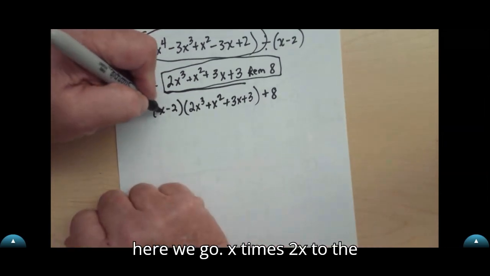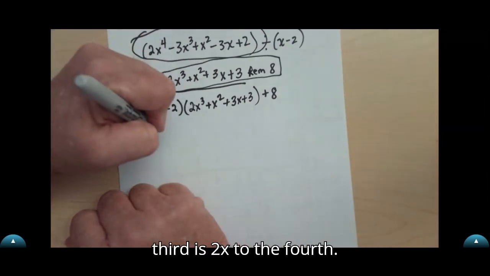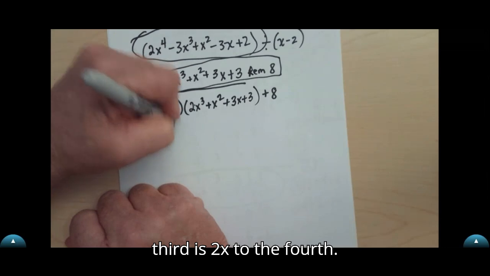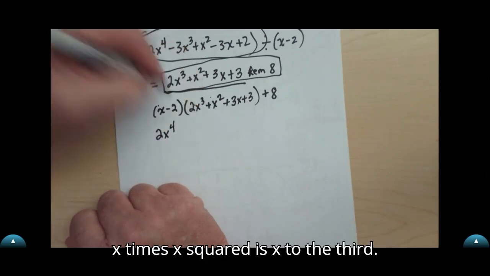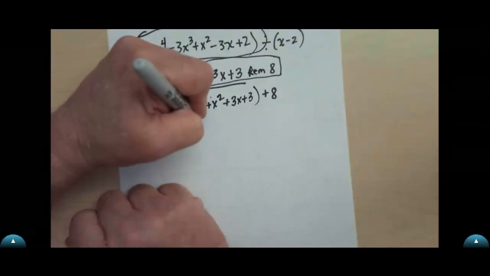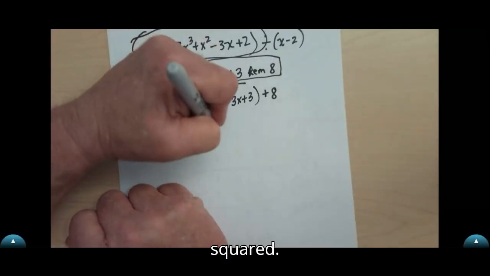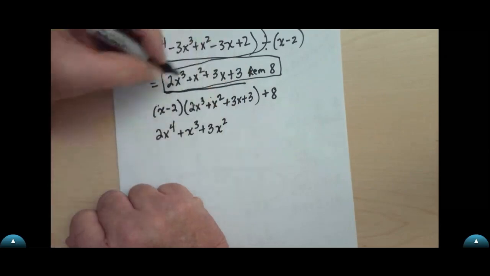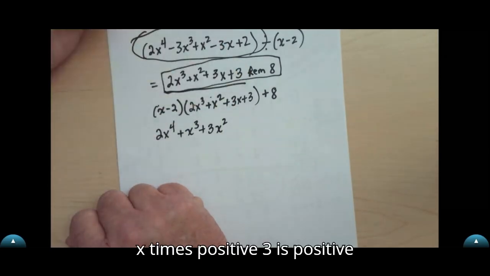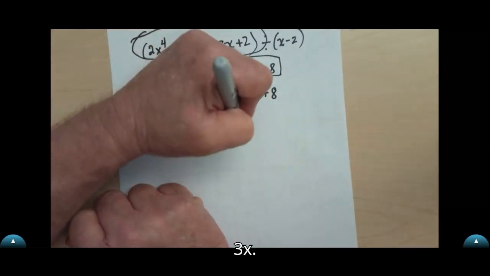Okay, so here we go. x times 2x to the third is 2x to the fourth. x times x squared is x to the third. x times 3x is positive 3x squared. x times positive 3 is positive 3x.